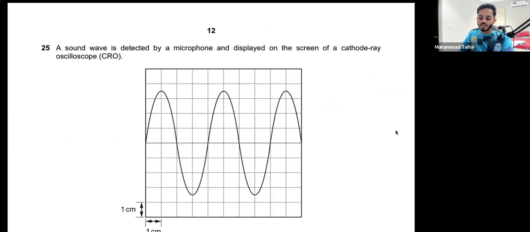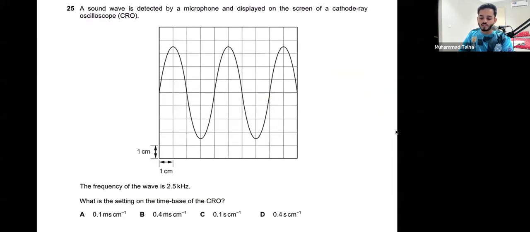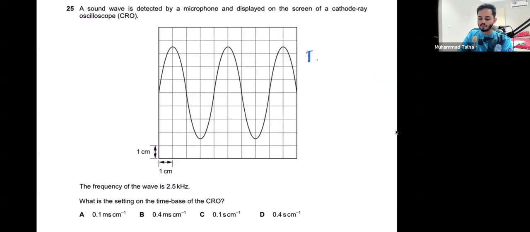A sound wave is detected by a mic and displayed on the screen of a CRO. Frequency of the wave is given. What is the setting on the time base? If the frequency is given, I can first find out the time period. So T would be 1 over F. So 1 over 2500, which is 4 into 10 to the negative 4.